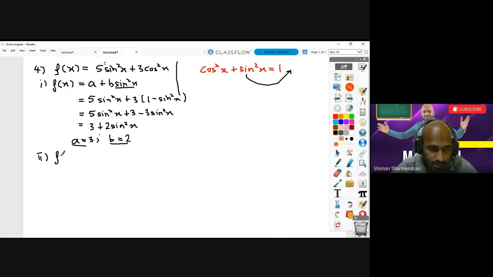So we want to do f of x equals to 7. Don't use the first expression. Pakai yang ini. This is also f of x, cuma ditulis dalam bentuk lain. So we got 3 plus 2 sine square of x equals to 7.